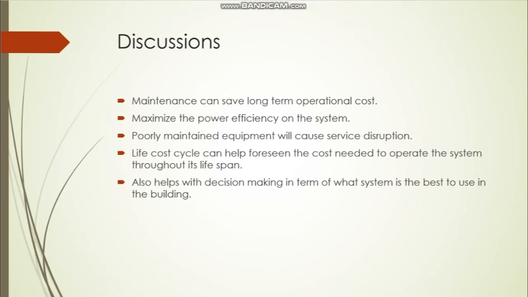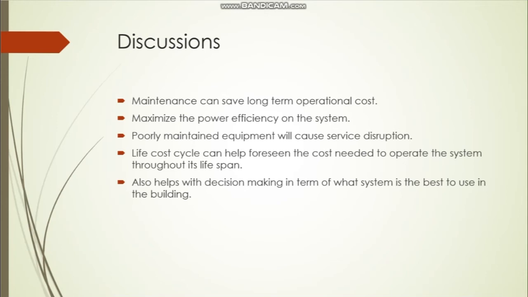So next is life cycle cost. The importance of life cycle cost is that it can produce an estimated cost to operate the system throughout its lifespan.